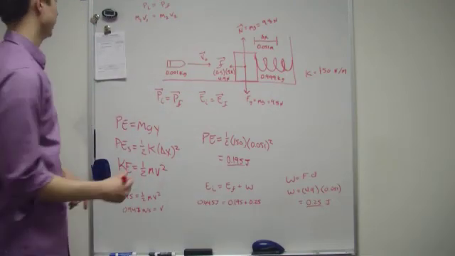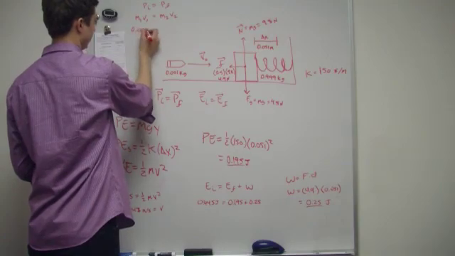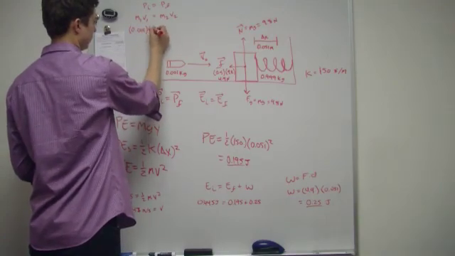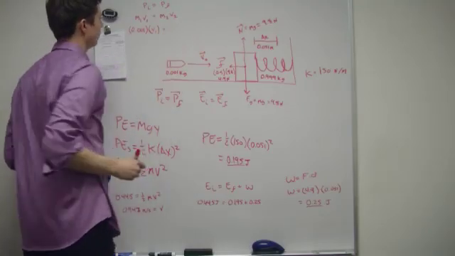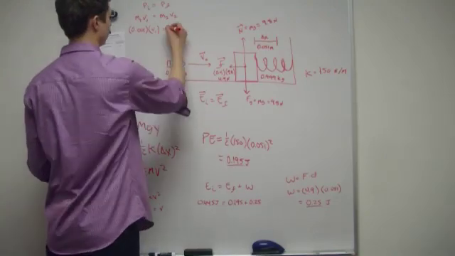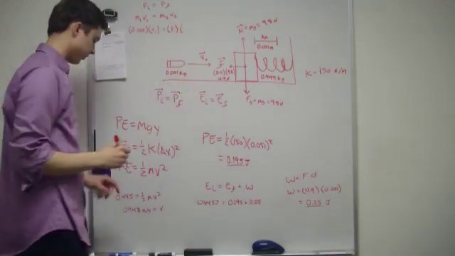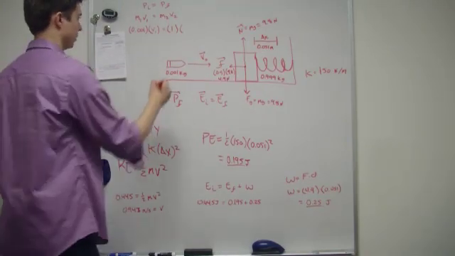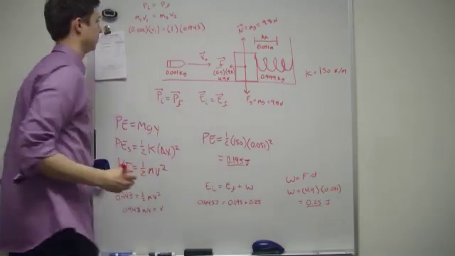So if we start plugging in, mass of the bullet was 0.001. Velocity we don't know, that's what we're looking for. Mass of the combined bullet and block is 1. Velocity we just solved for is 0.943.